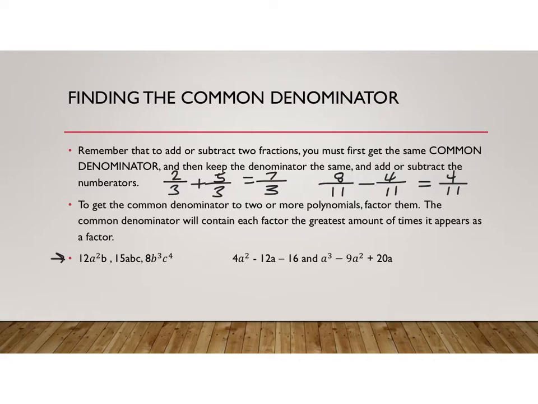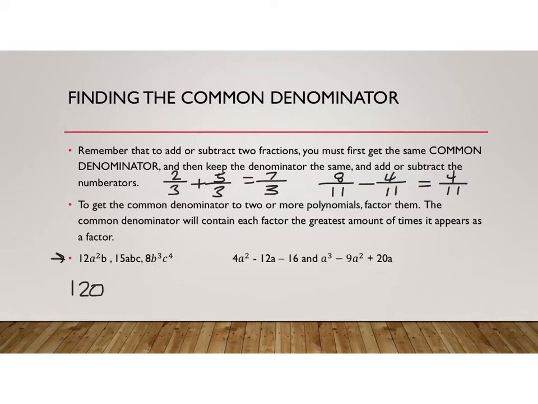So 15, 30, and I'm checking to see if 8 and 12 go into 30, which they do not. 45, 60, no, 75, 90, no, 105, no, 120, I think is a winner because 12 and 8 both go into 120. So that's the least common multiple of 8, 12, and 15.